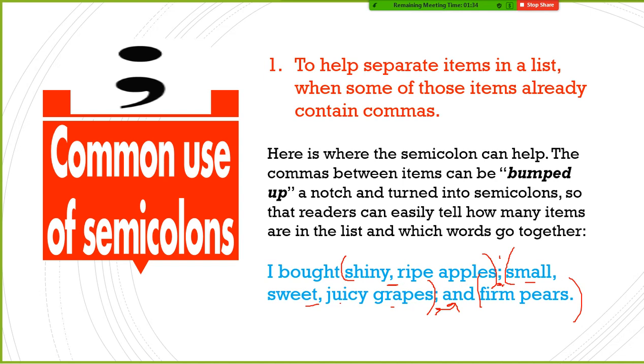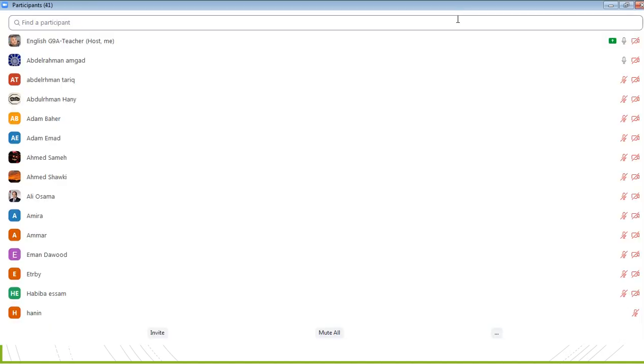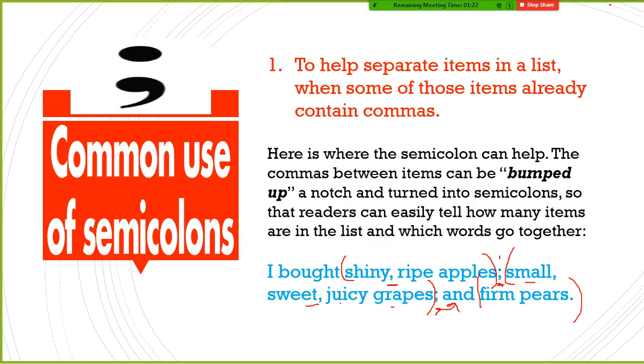The semicolon. Did I lose you or are you still there? Yeah, I'm here. Understood? Yes. Okay. I don't know if you still have something to say about the semicolon before you go.